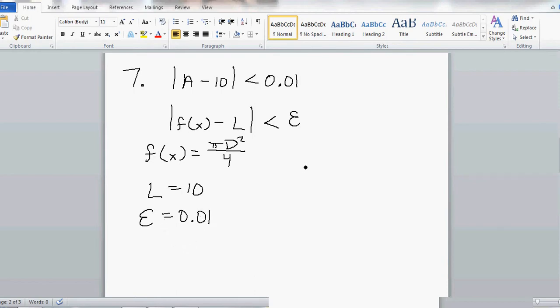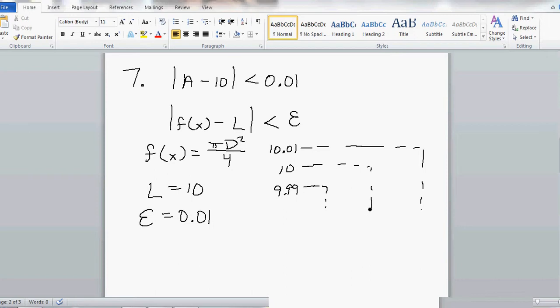So let's see what we get with our graph. We know our limit is 10. We can go up or down by 0.01. And just like always, we need to find the appropriate value. Now the question becomes, what goes on right here? Well, nowhere is it given.